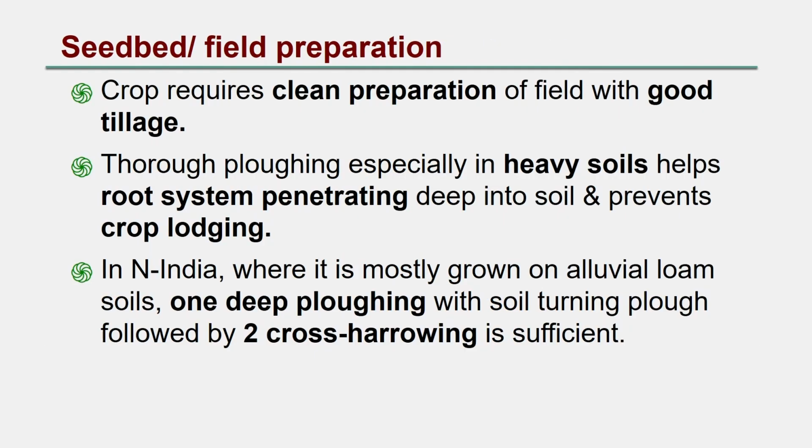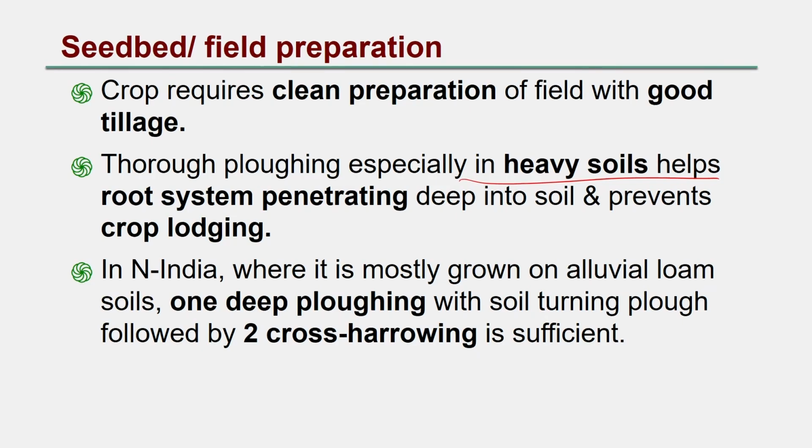Now we go to another topic, seed bed or field preparation for sugarcane sowing. This crop requires clean preparation of field with good tillage. Thorough plowing, especially in heavy soils, helps the root system penetrate deep into soil and prevents crop lodging.